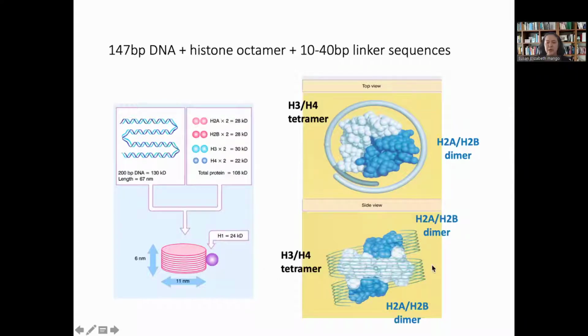Down here, you can see the general layout of a single nucleosome, which is the word for DNA plus the histones. It looks a little bit like a hockey puck, a kind of flattened disc.